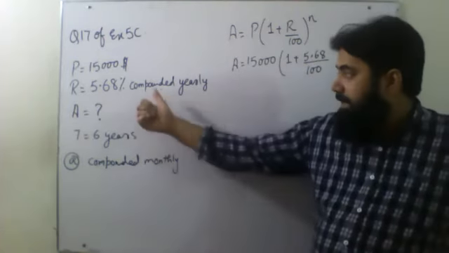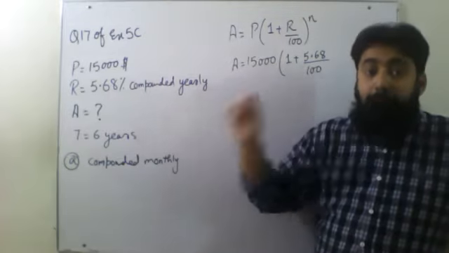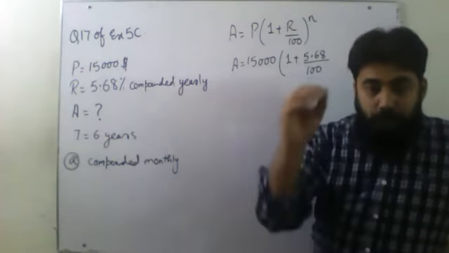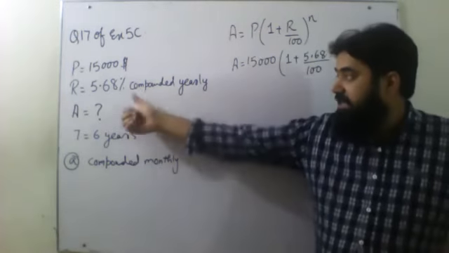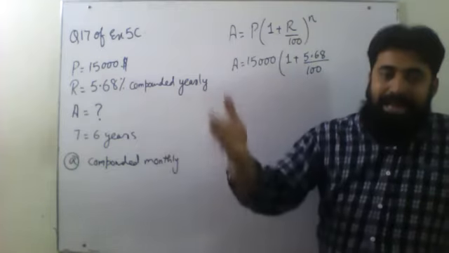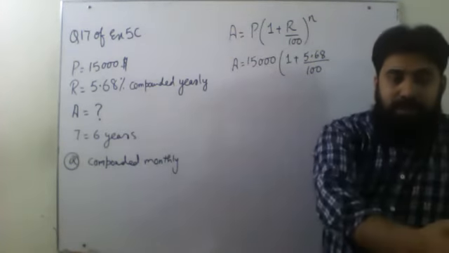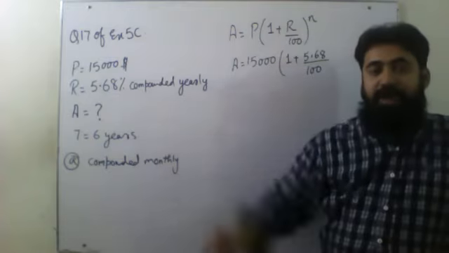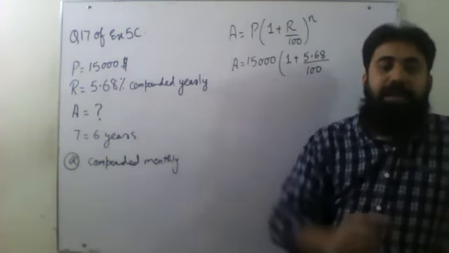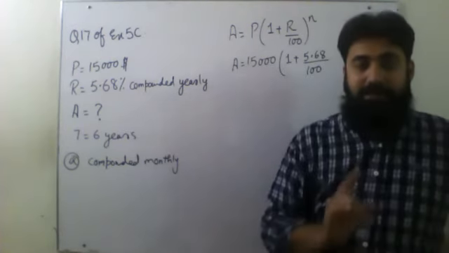Over here, they are saying the interest for the whole year is this, but it will be compounded on a monthly basis. So whatever percentage is given will be divided into 12 equal parts and applied for each month. First month passes, 5.68 divided by 12 is applied for the first month, then the second month, then the third month, and it goes on like this.